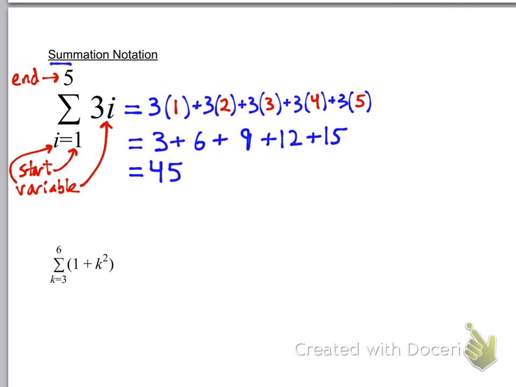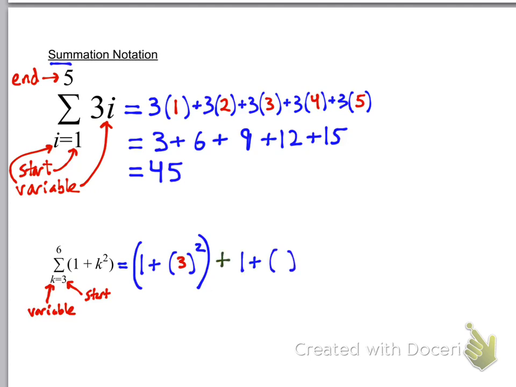Let's try the next one here. Notice we have a different variable. That's just fine. Fortunately for us, k is also inside of the function there, inside the parentheses. So I'm going to write the function out, 1 plus blank squared, and instead of k, I'm going to put where we start. Well, we start at 3, so this time I'm going to put a 3 there. We are always increasing by 1, so plus the same thing over again, but I'm going to increase that up to a 4.